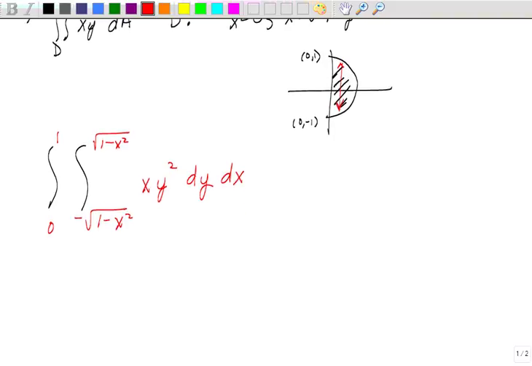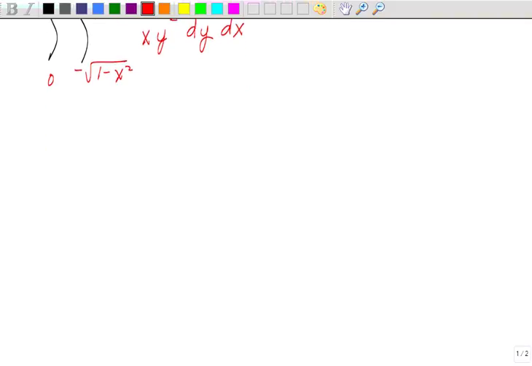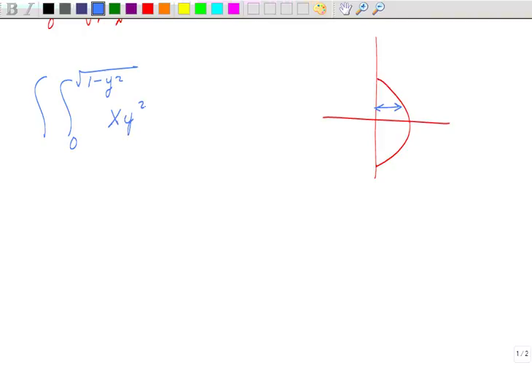That would be the same as going this way. So we're going to go from 0 to square root of 1 minus y squared dx, and then go from -1 to 1 dy.